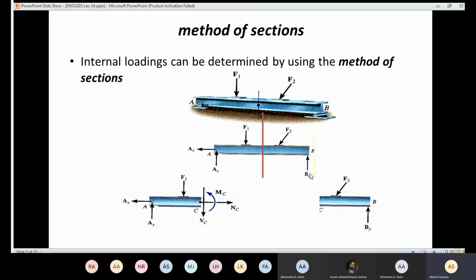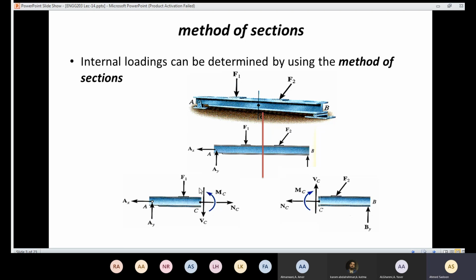The other part, on the right hand side, the right part, we are also going to get the same thing. We are going to get a force here perpendicular to the section, another force here tangent to the section, and a couple moment. So those forces are responsible for the equilibrium of that part. So the material here is going to develop those forces in order to have a safe design.